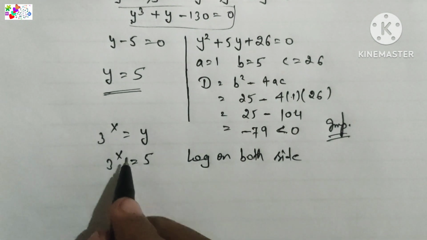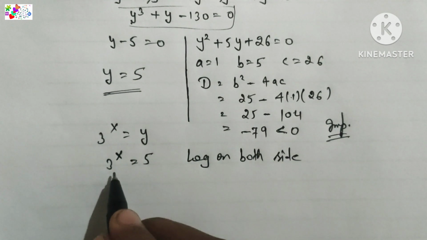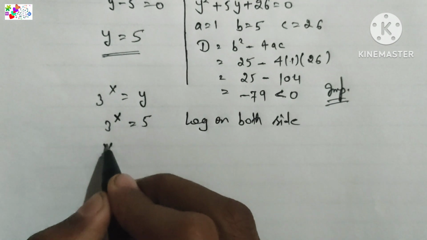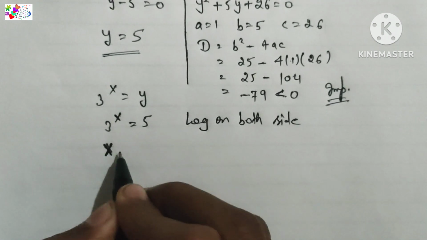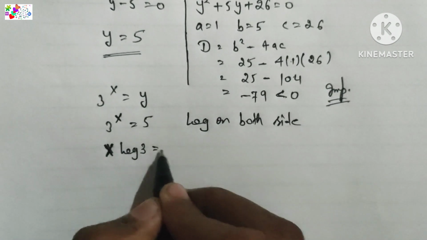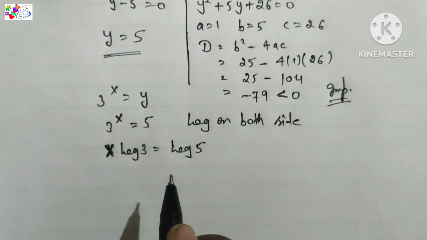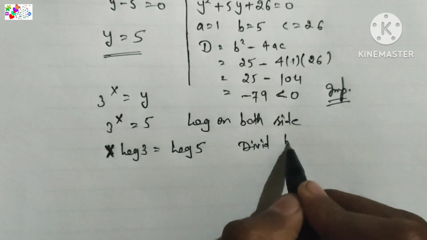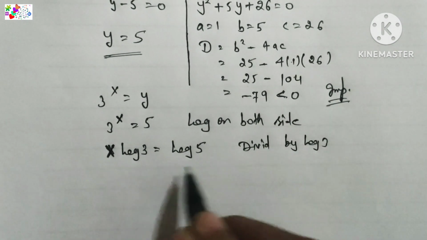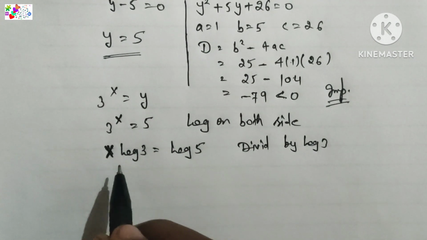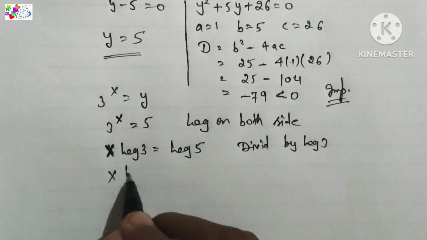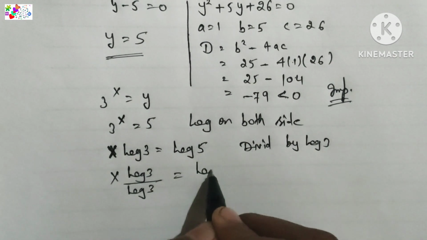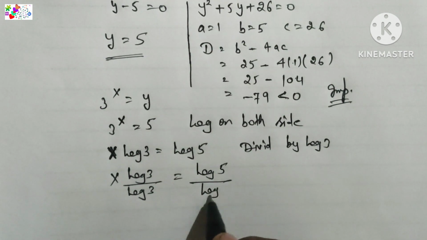When I use the logarithm, x will come forward, and x log 3 is equal to log 5, and I will divide by log 3 on both sides, so x log 3 by log 3 is equal to log 5 upon log 3.